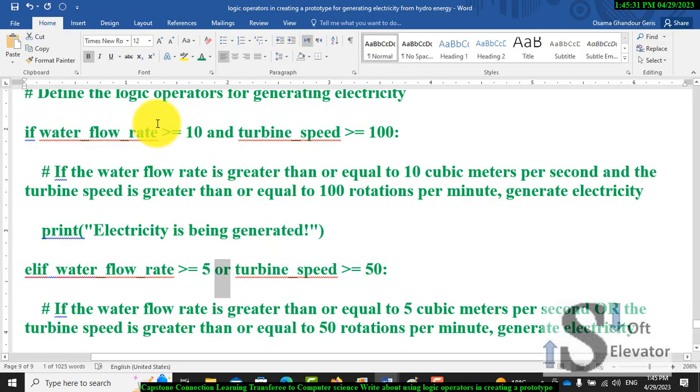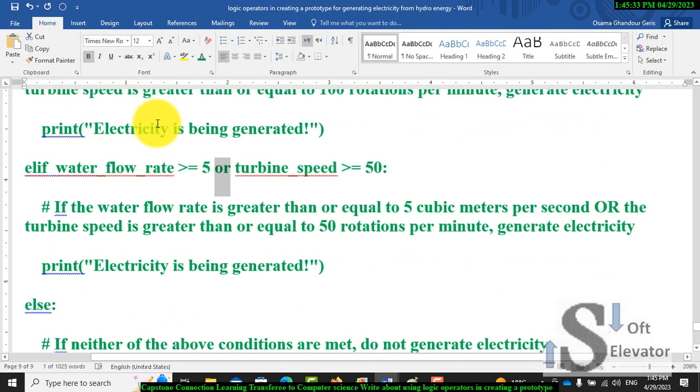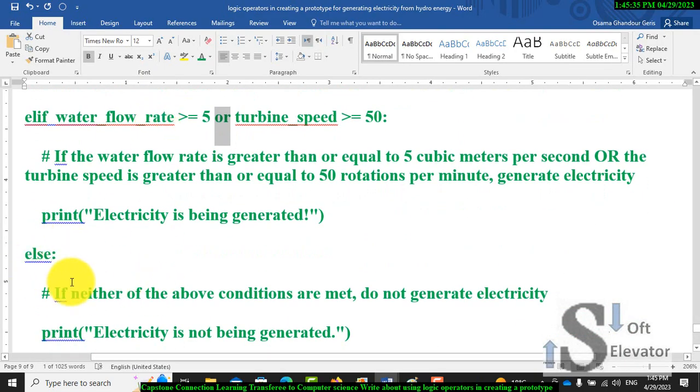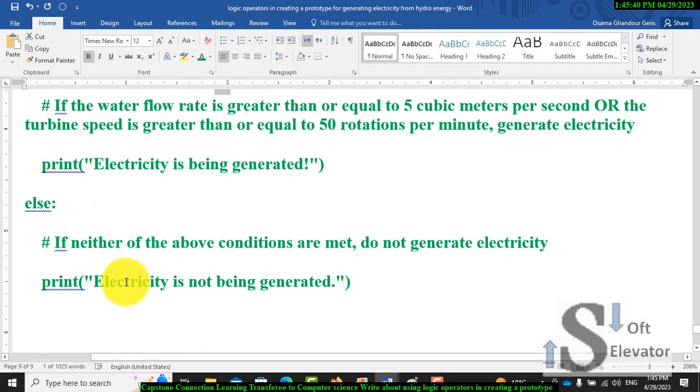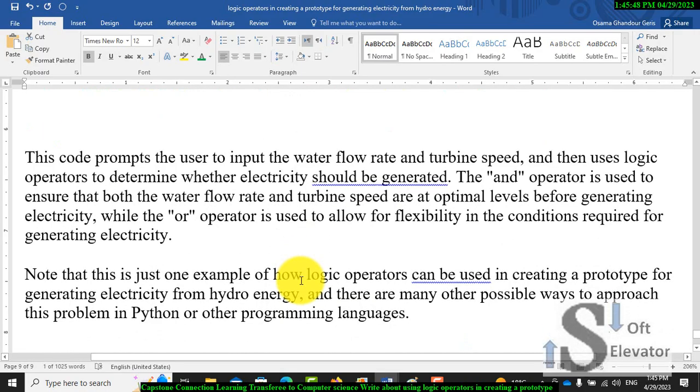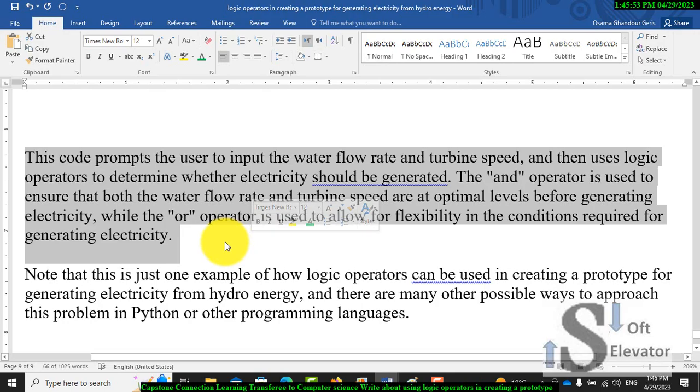If none of these happens, the else statement will execute, and electricity is not being generated, and here another LED, which is red, will light. This is the discussion of the above code.